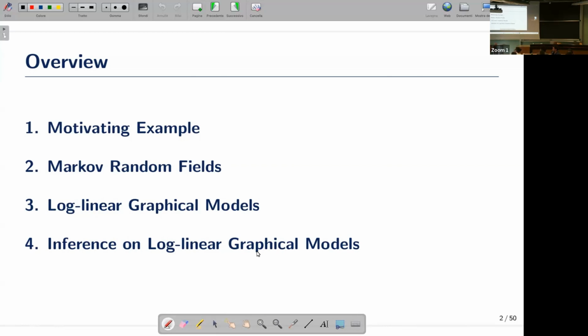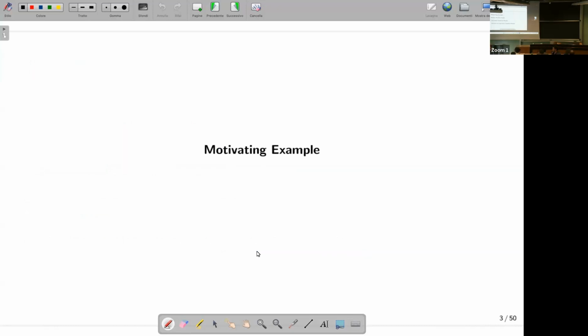Okay, we will show this one. It's very specific. Sometimes you want some conditional independence structure that you cannot represent with a DAG for your problem. That's the main motivation that has to guide you.